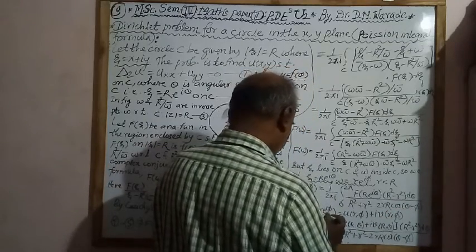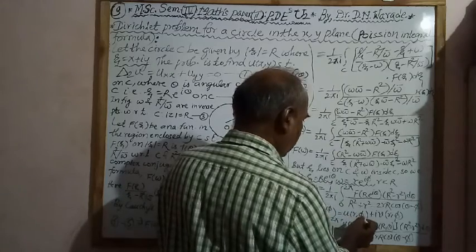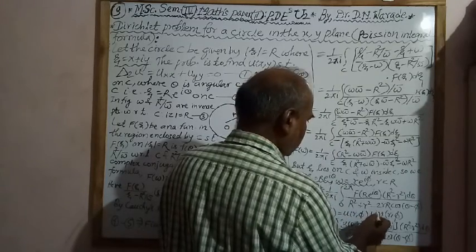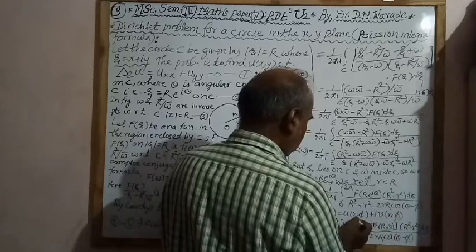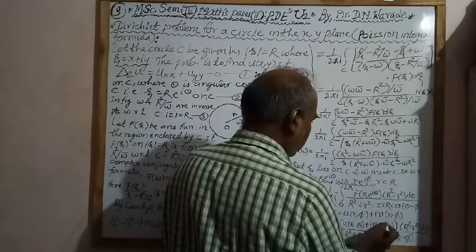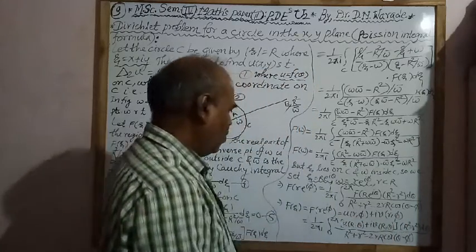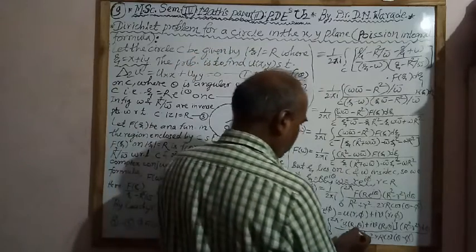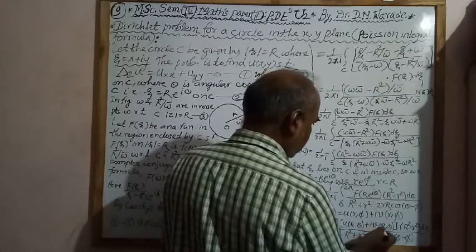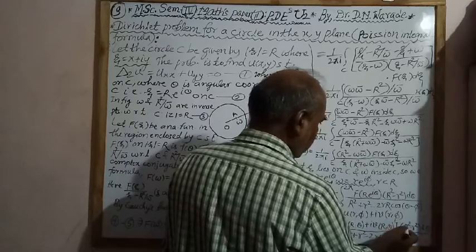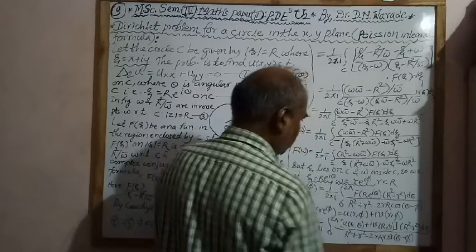This implies f of xi equal to f of r e to the power i phi equal to u of r phi plus i v of r phi. This is the real part, this is the imaginary part, equal to 1 upon twice pi integration 0 to twice pi u of r theta plus i v of r theta into R square minus r square d theta divided by this term as it is.